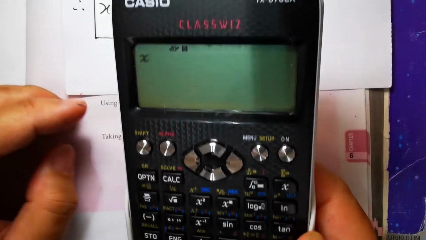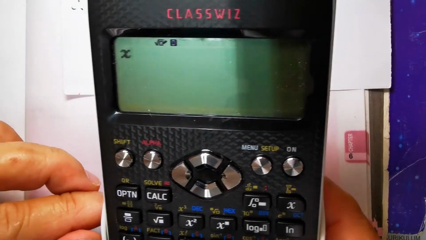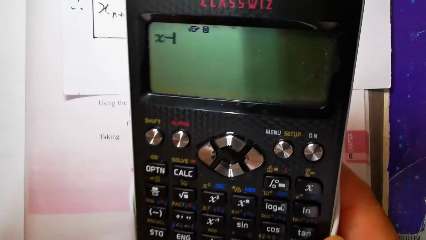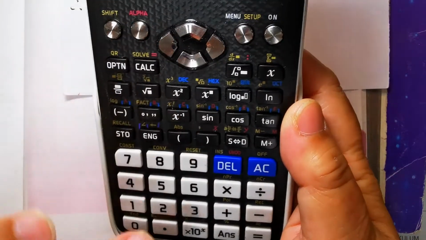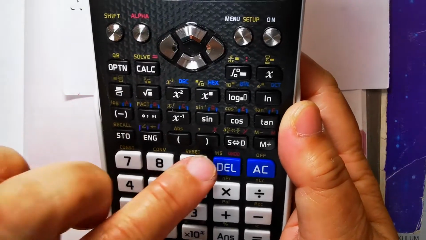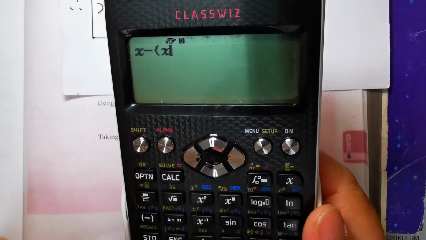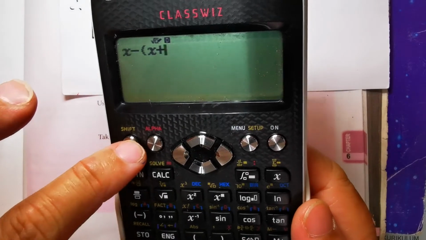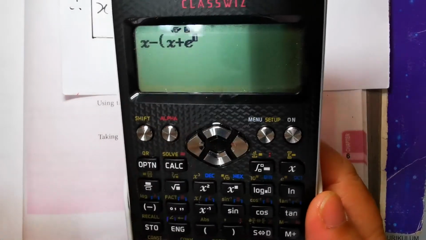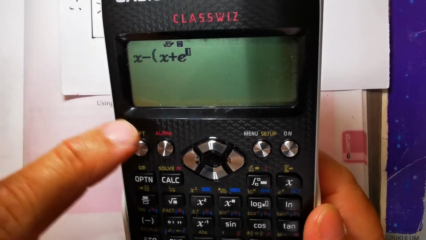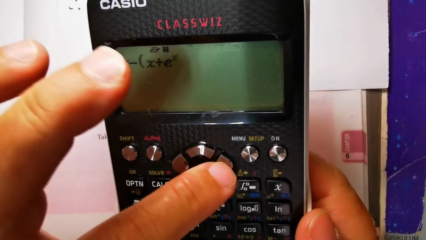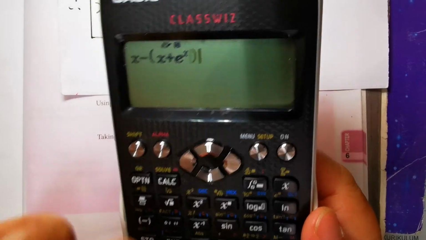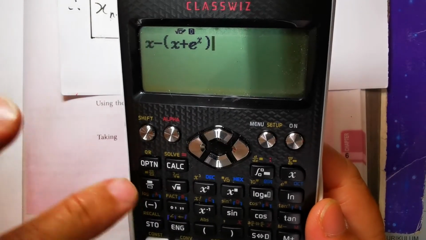Okay, x, can you see, okay, x minus, right, f(x), so your f(x) is x plus e^x, bracket, alpha again, x, plus, this is the e, okay, e power, also another x, see that? Then close your bracket, alright, then equal.